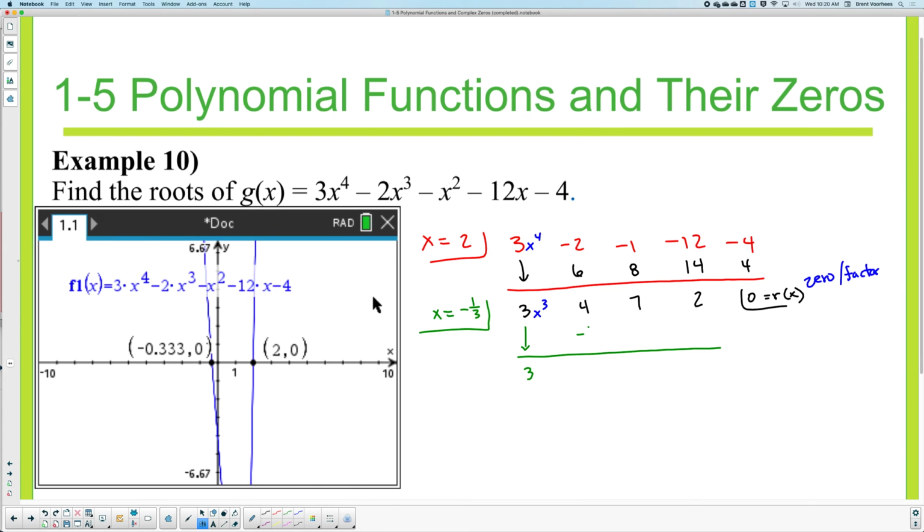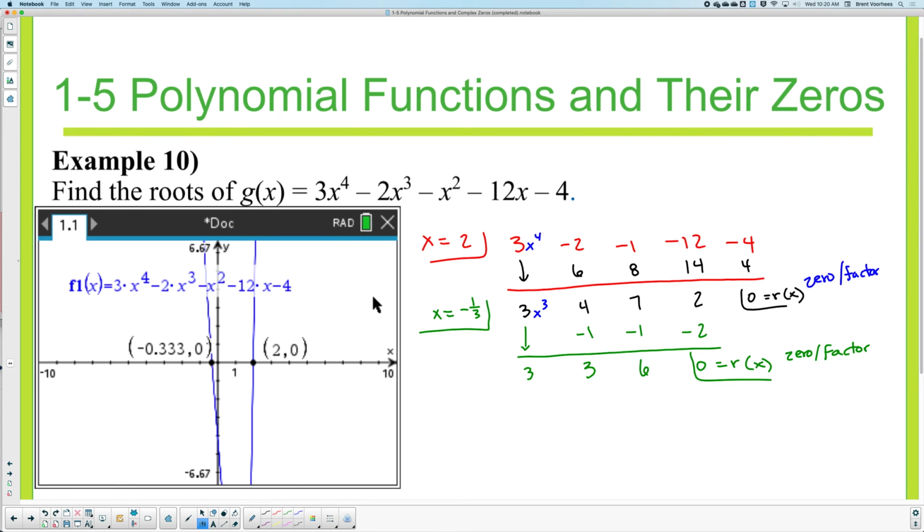Negative 1. 4 minus 1? 3. Same number, 3 divided by negative 3. 7 minus 1 is? Okay, this time it's 6 divided by negative 3. Negative 2. Excuse me, 2 minus 2 is? Ooh, good news.